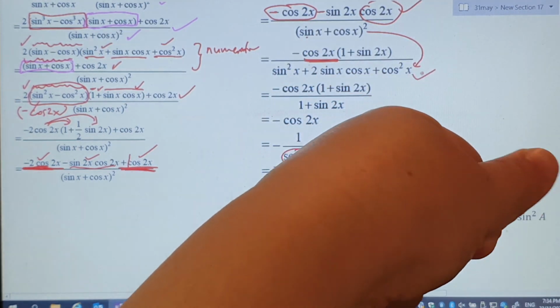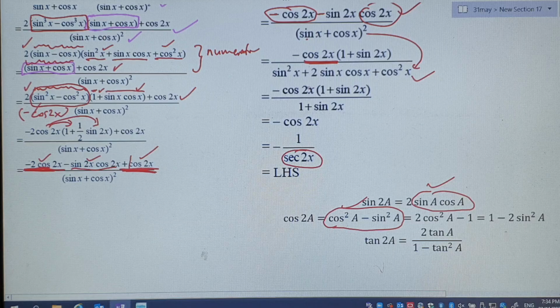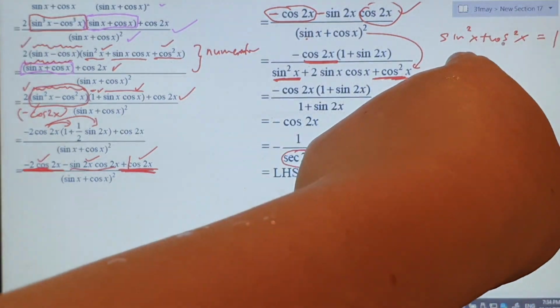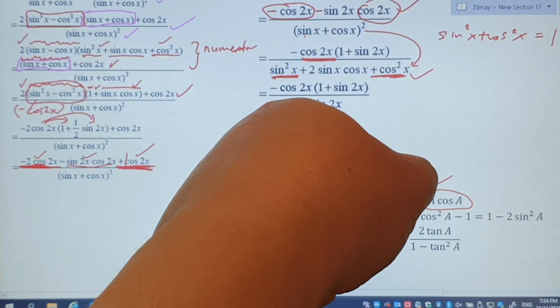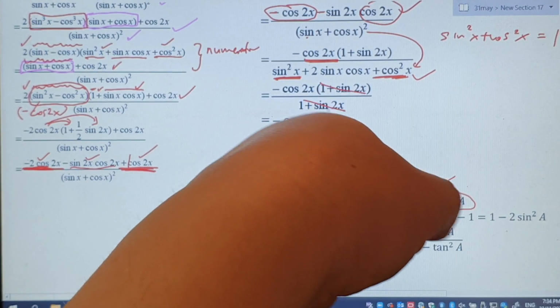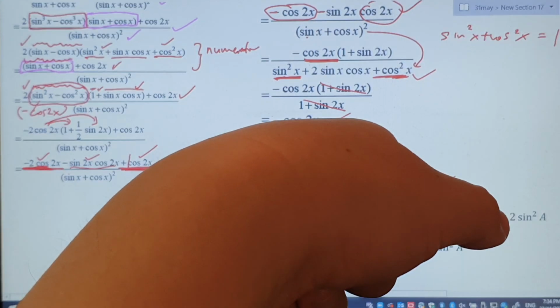So I get this. Now can you see again that this plus this is 1? Remember your sine square x plus cos square x equals to 1. So I can write this as 1. And very nicely, they cancel out to give me this.